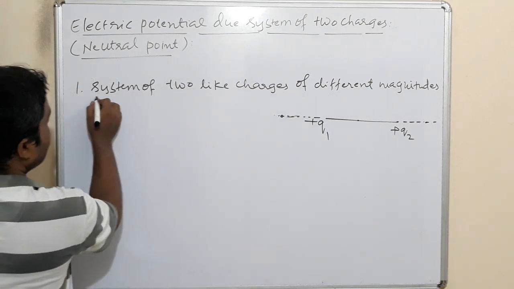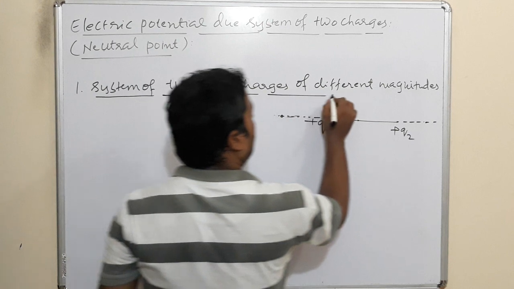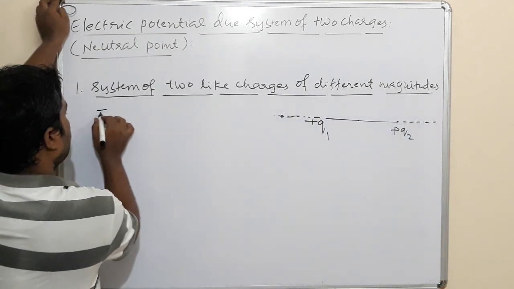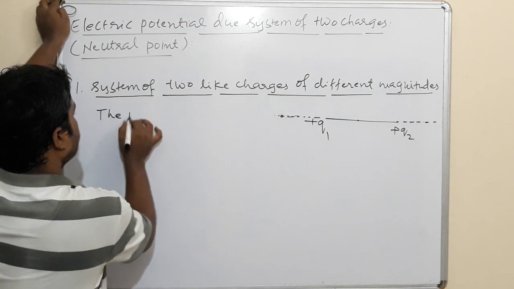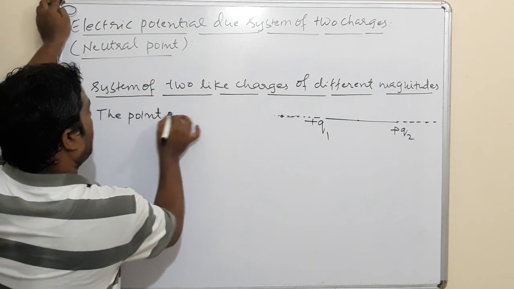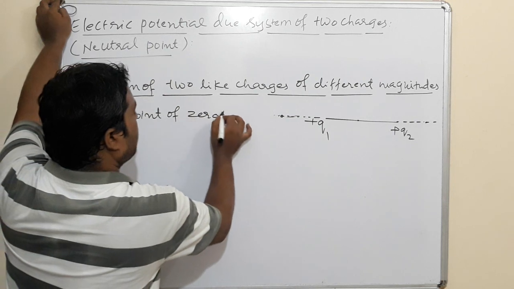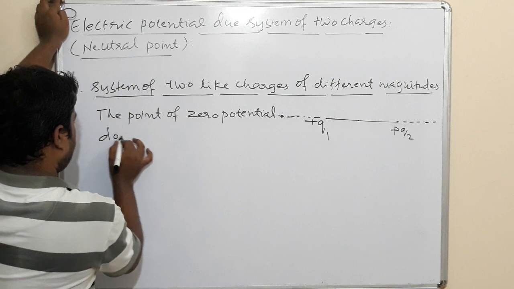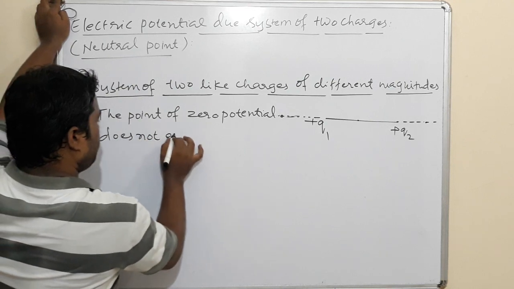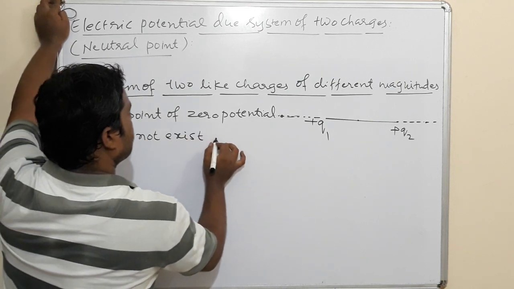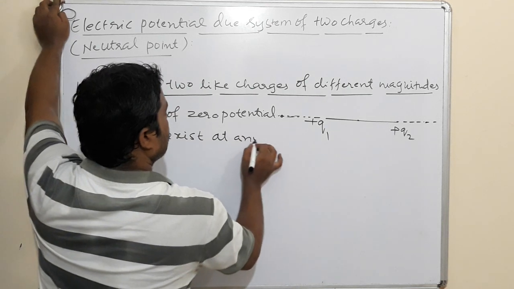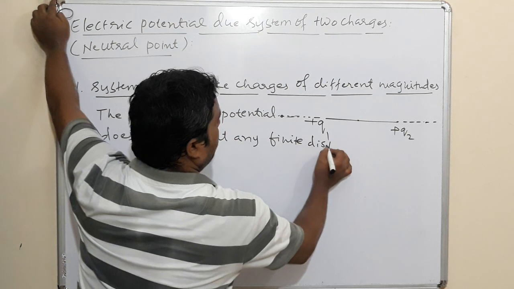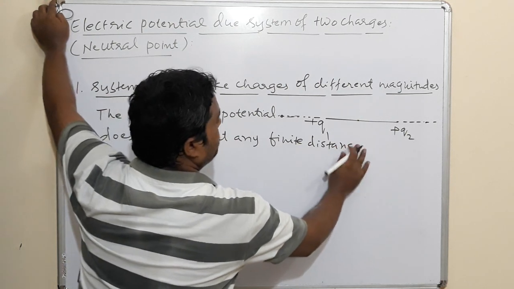That means for a system of two like charges of different magnitudes, the point of zero potential does not exist at any finite distance. It may be zero at infinite distance.